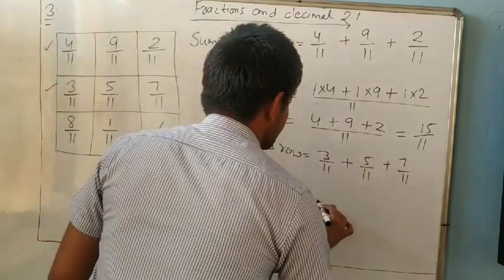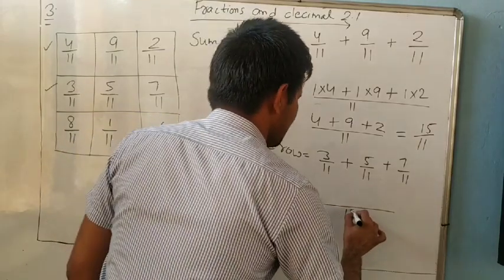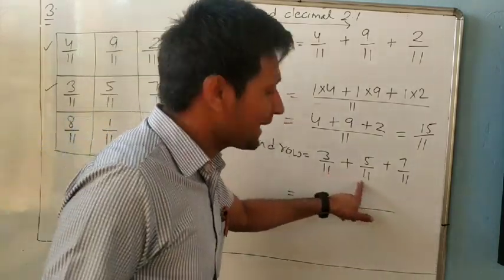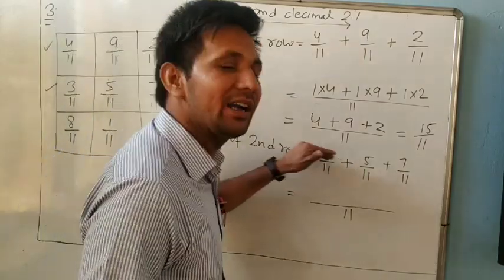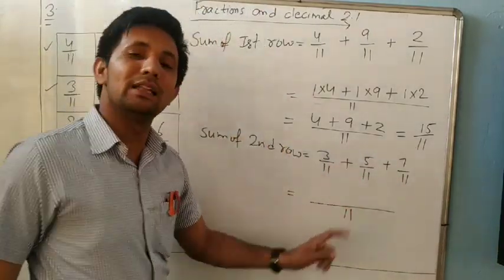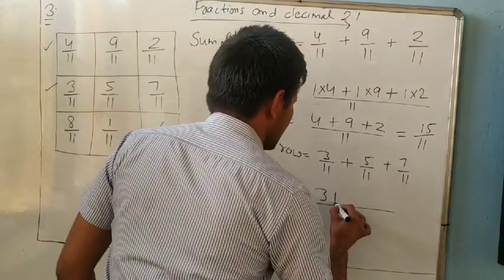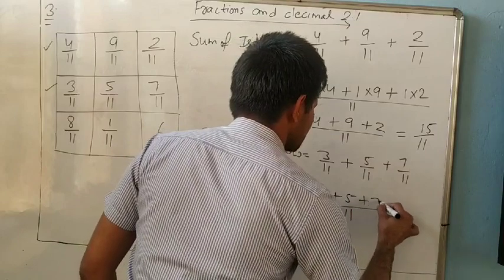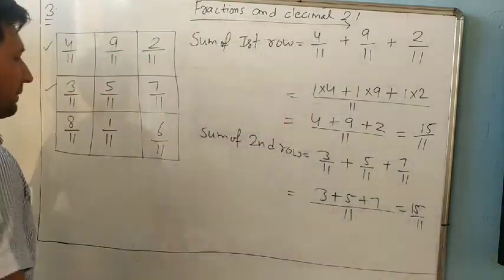By taking the LCM. The LCM is 11, and again we observe that all the denominators are the same. So you can add the numerators directly, only in one case, when all the denominators are the same. So 3 plus 5 plus 7. How much? It is 15 by 11.